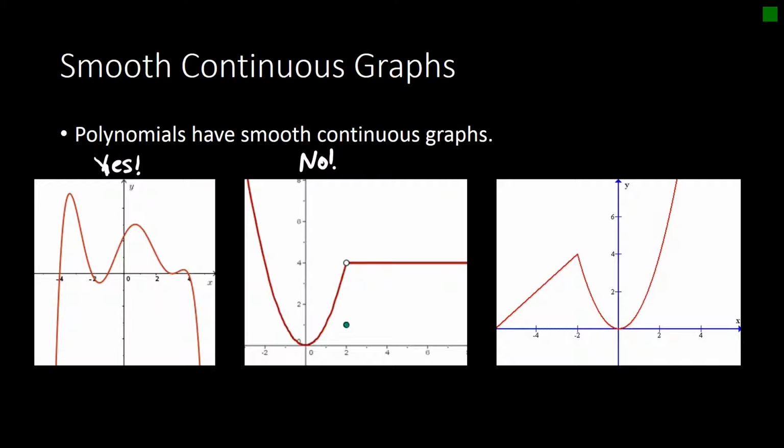So this is not a continuous graph. We have to pick up our pencil to shade in this right here at 2, 1. So that's not a continuous graph. This third one is not a polynomial because you have a sharp turn. Remember that polynomials have smooth, continuous graphs.